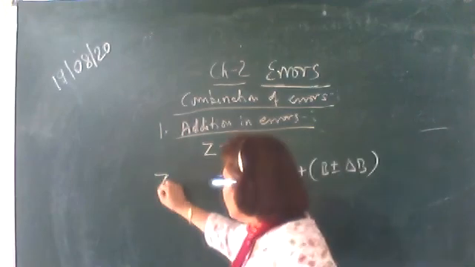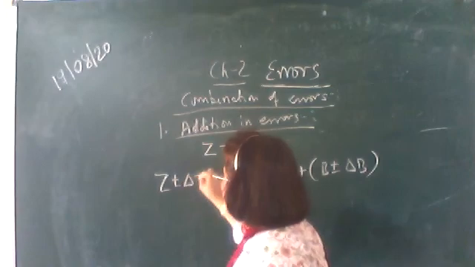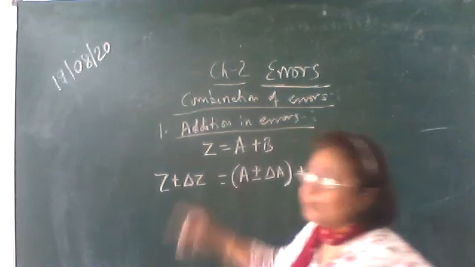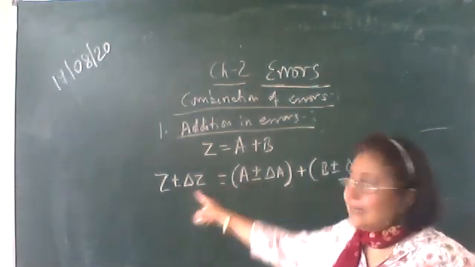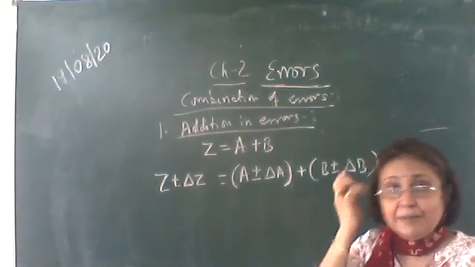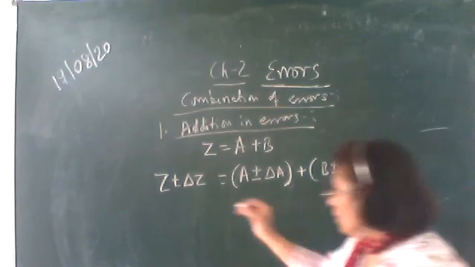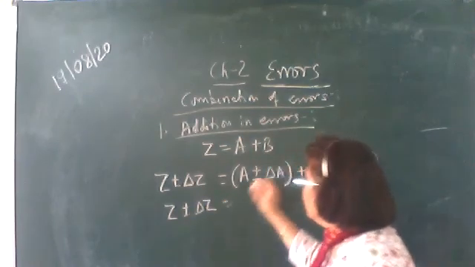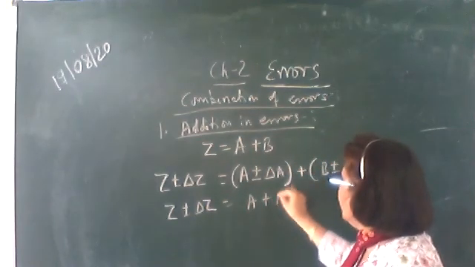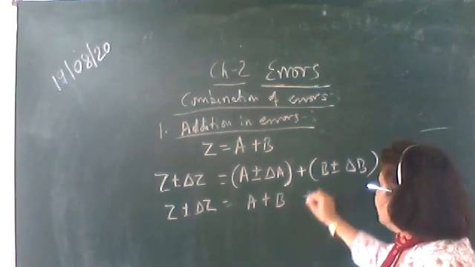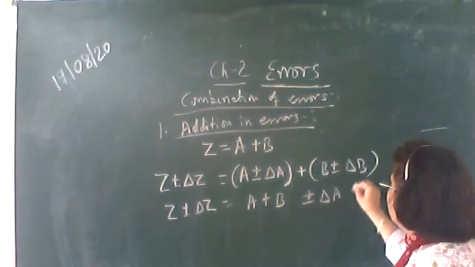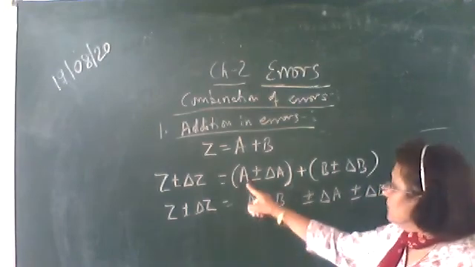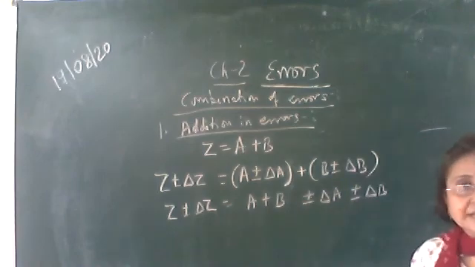So the sum also has some absolute error, which is plus minus delta Z. So the sum can be written as Z plus minus delta Z. Let's write down how it can be written. The right hand side can be written as A plus B plus minus delta A plus minus delta B.